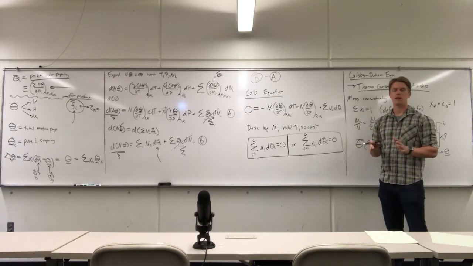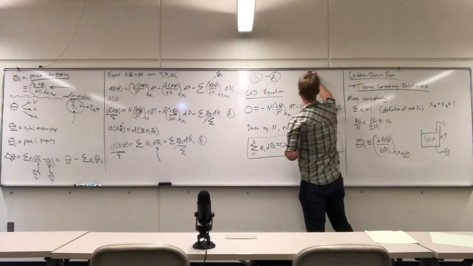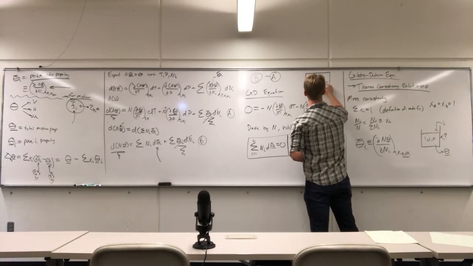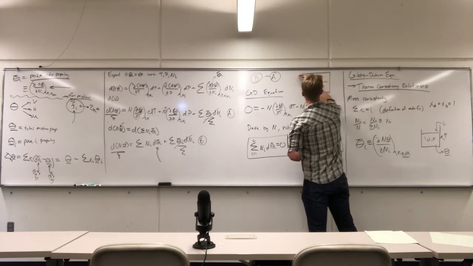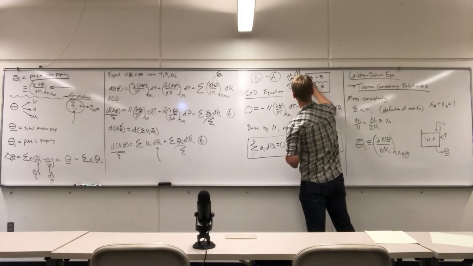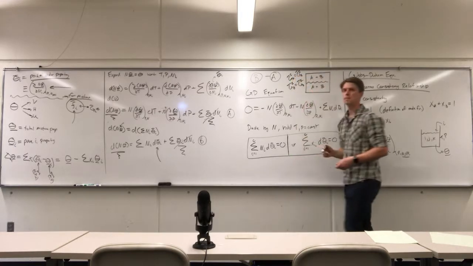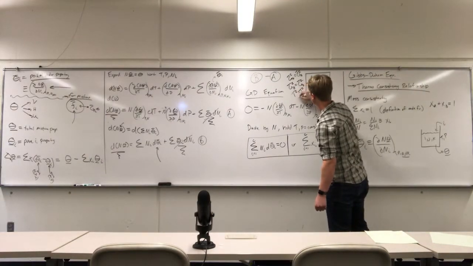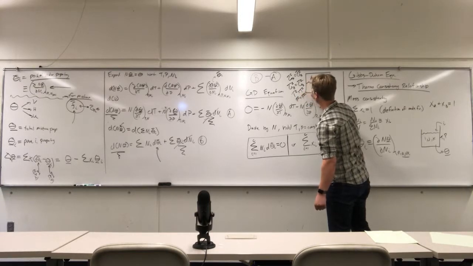So if I have a multi-component, multi-phase vapor-liquid system, which is going to be the lion's share of what we care about, our objective is that the partial Gibbs of phase 1 of species A is equal to the partial Gibbs of phase 2 of species A. The partial Gibbs of species B in phase 1 is equal to the partial Gibbs of species B in phase 2. In addition, the temperature of phase 1 is equal to the temperature of phase 2, and the pressure of phase 1 is equal to the pressure of phase 2.